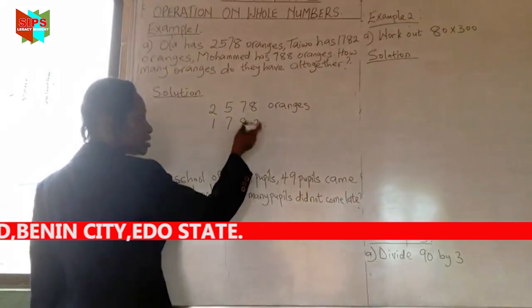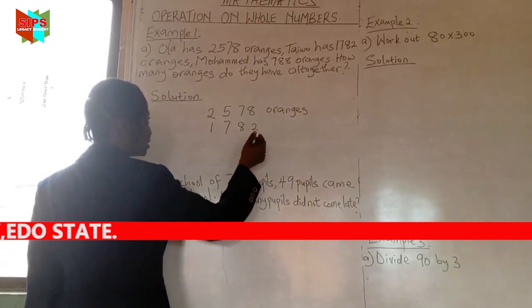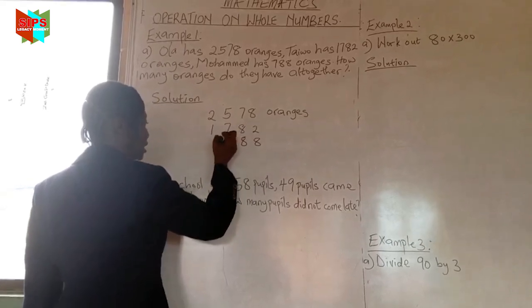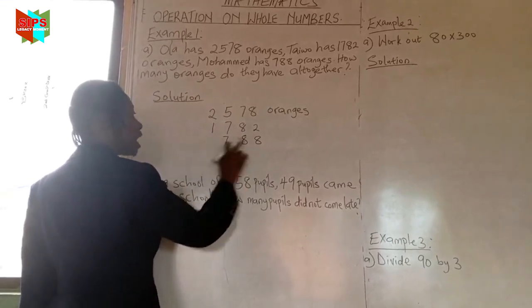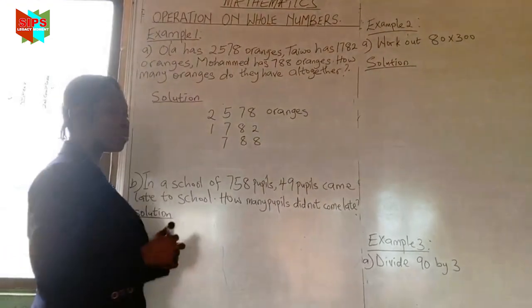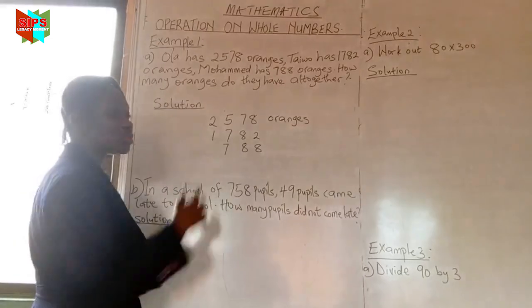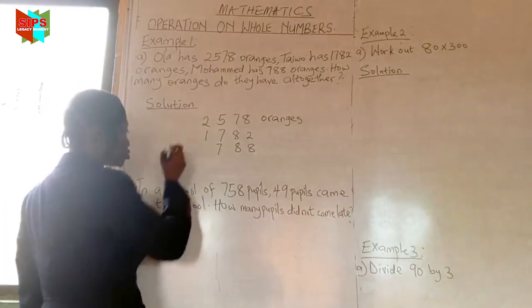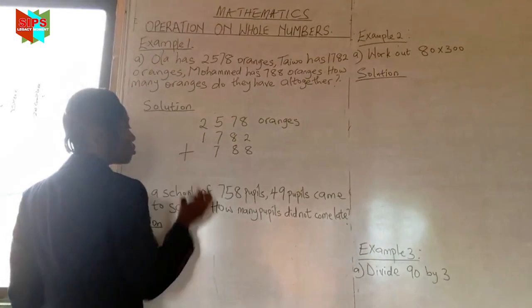You start from the right hand side, that is your unit. You have your 8, 8, and 2. Failure to arrange it properly will give you a wrong answer. Please be mindful of how you arrange your numbers. Always start from the unit side. Okay? Then of course it is important to put your sign, your plus.